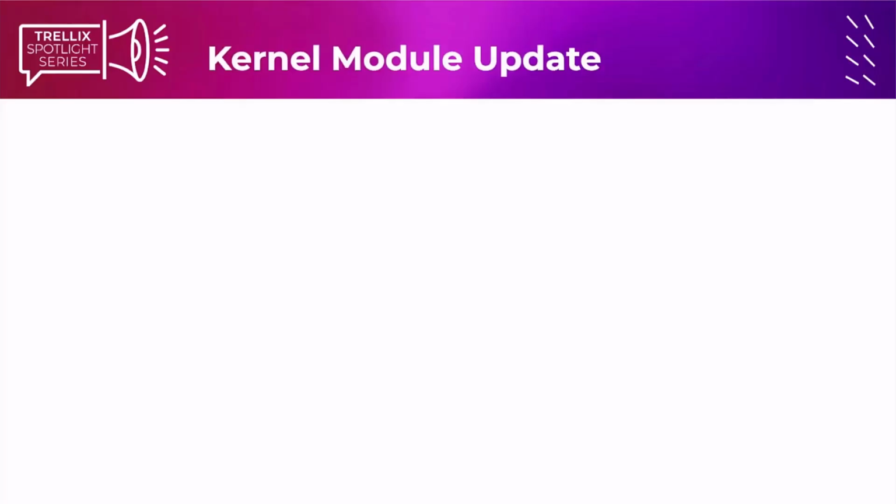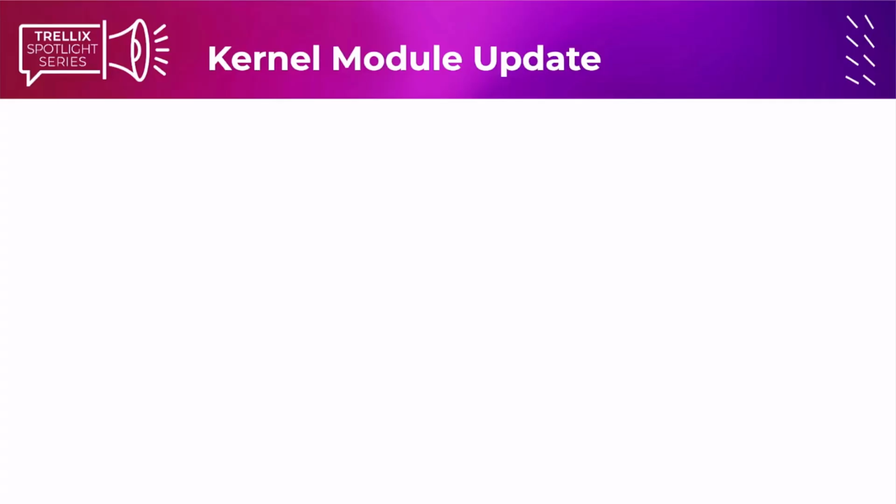Now let's see what is a kernel module update. A kernel module update is a package that facilitates the upgrade of the product's existing kernel module, and this allows for compatibility with additional kernel versions without requiring an update to the core product versions.